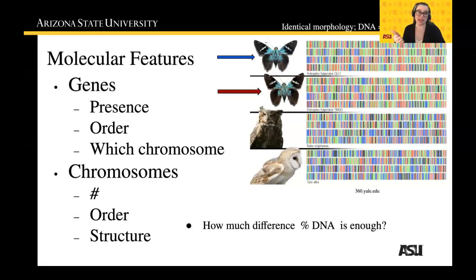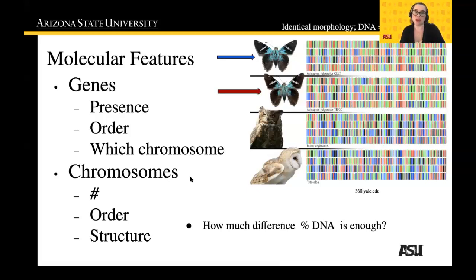As well, it could be the number of chromosomes present in the organism, or the order in which the chromosomes are, as well as the structure of the chromosomes themselves. We can see this molecular morphology more clearly when we look at the DNA patterns between the organisms. These blue butterflies look identical, and yet they are two totally different subspecies.